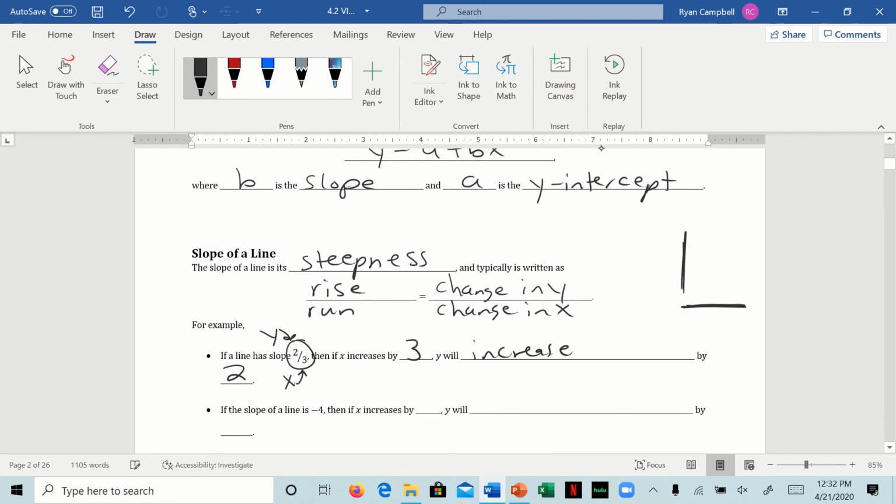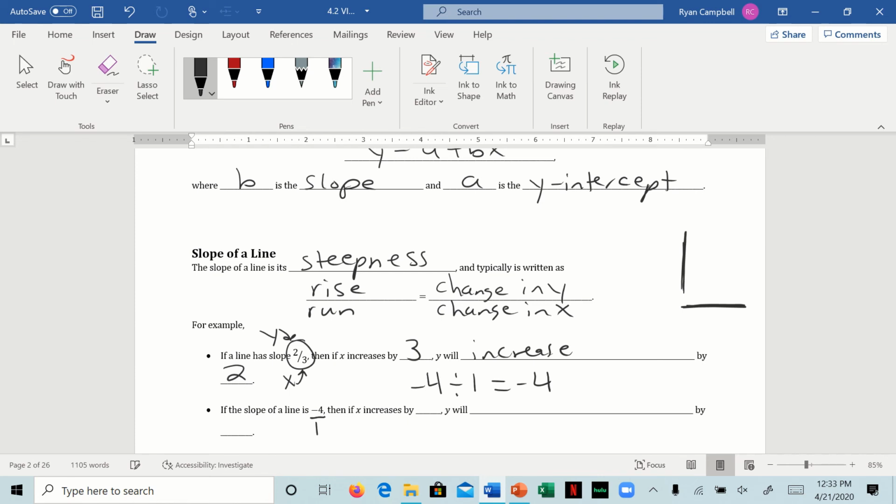We can also see if the slope is -4. This isn't supposed to be a value over a value, right? Rise over run. Well, if you remember, and if not, that's fine, I'm going to tell you: you can turn any number into a fraction by putting it over 1, because if you divide any number by 1, you just get that number.